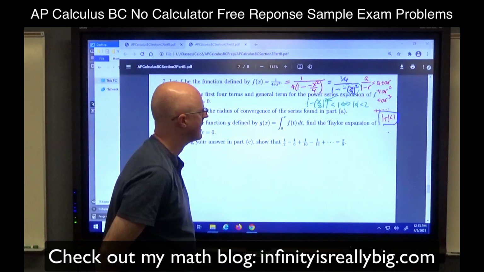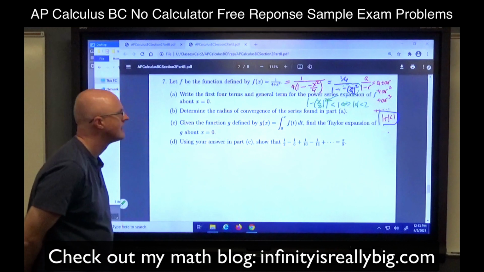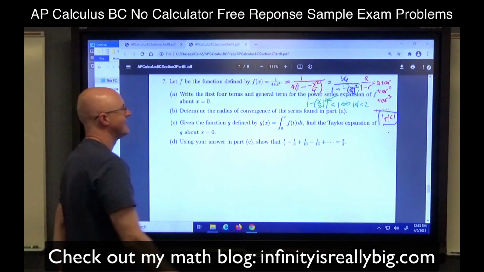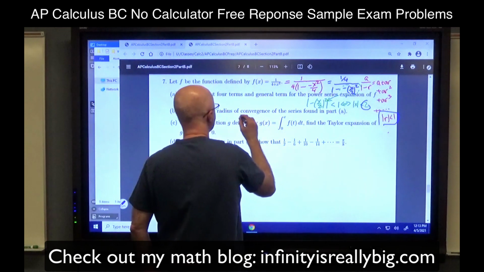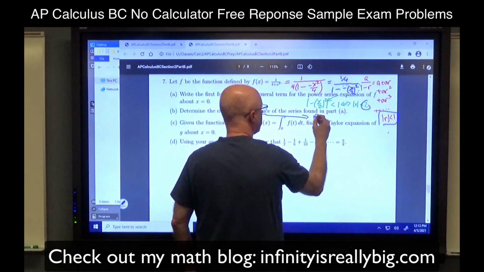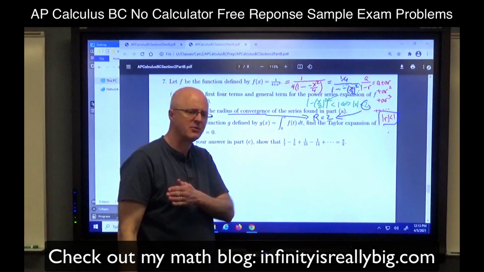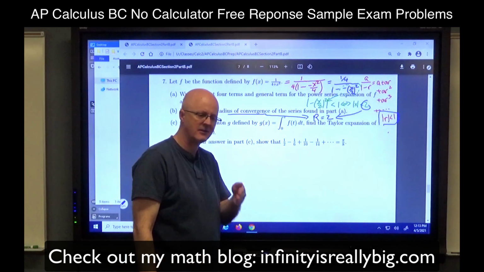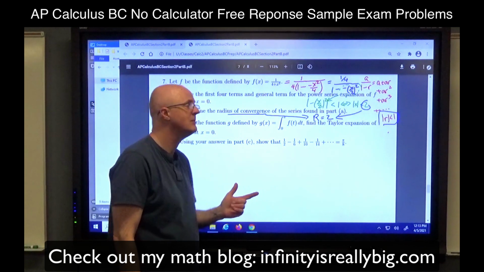The squaring doesn't matter because 1 squared is 1. So that's the radius of convergence. That's the answer to B. R equals 2. This converges when x is between -2 and +2. It's centered on 0. The distance between the center and either endpoint is 2.